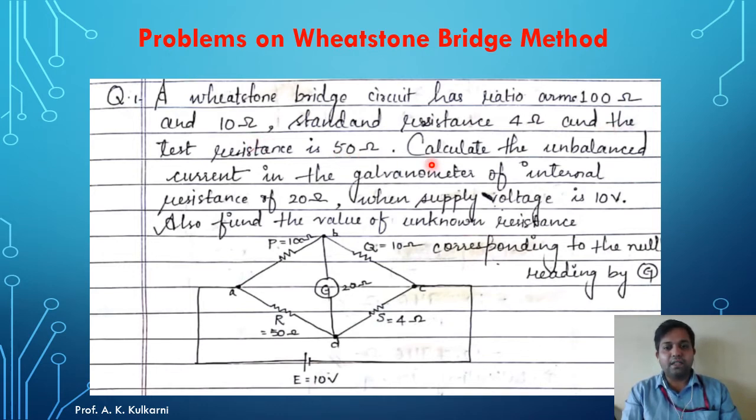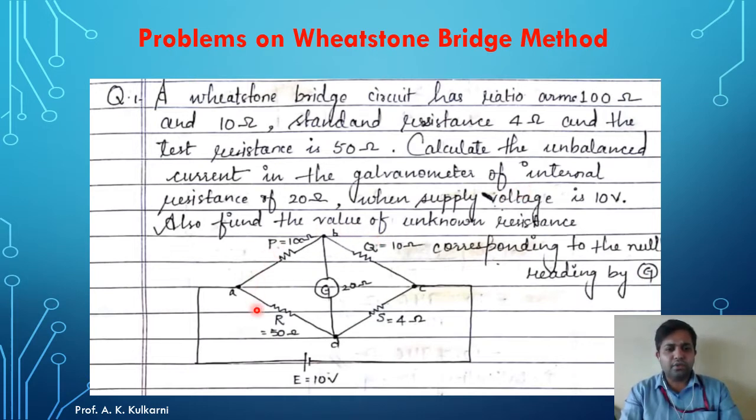Calculate the unbalanced current in the galvanometer having an internal resistance of 20 ohm when the supply voltage is 10 volts. Also find the value of unknown resistance corresponding to the null reading of the galvanometer.